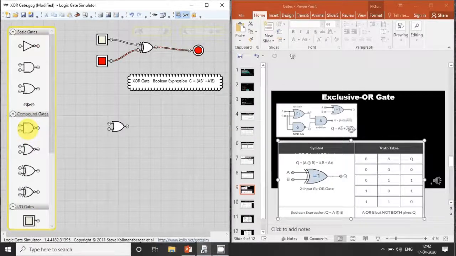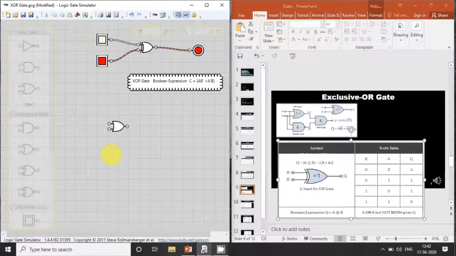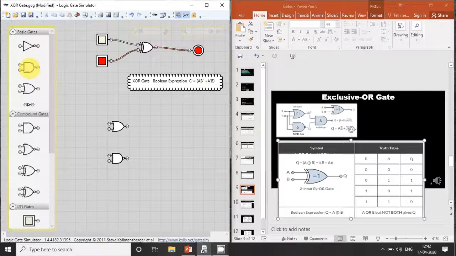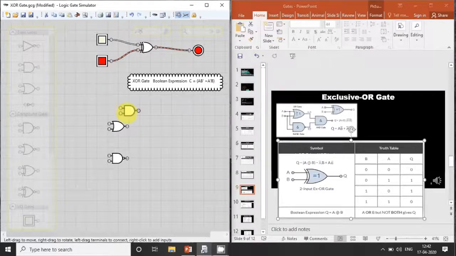This is our NAND gate, and again we have a combination of these. The output is connected to this.